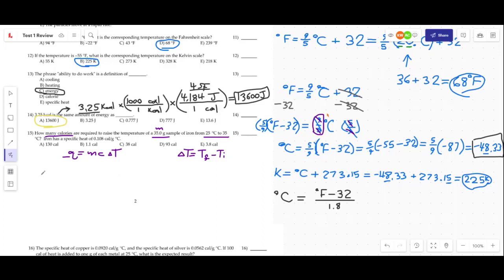So what I sometimes like to do here, and just so that doesn't get confused with a negative sign, I'm going to erase that. What I sometimes like to do is list out my variables. So Q equals question mark. I don't know what that is. M is the 35.0 grams.